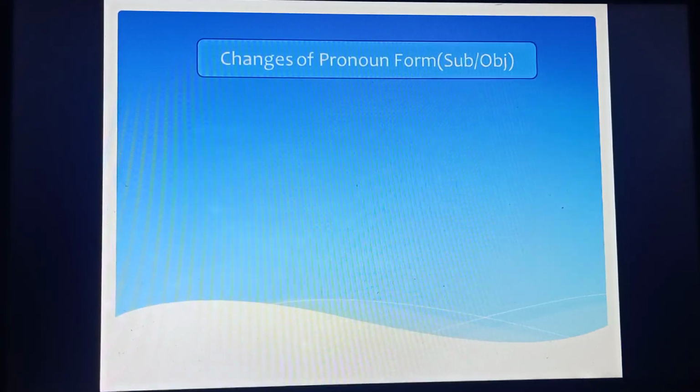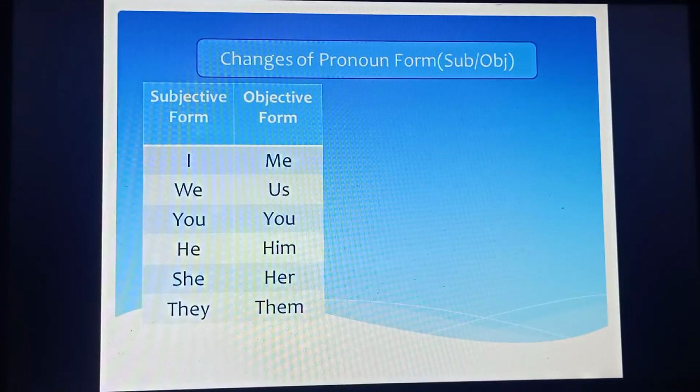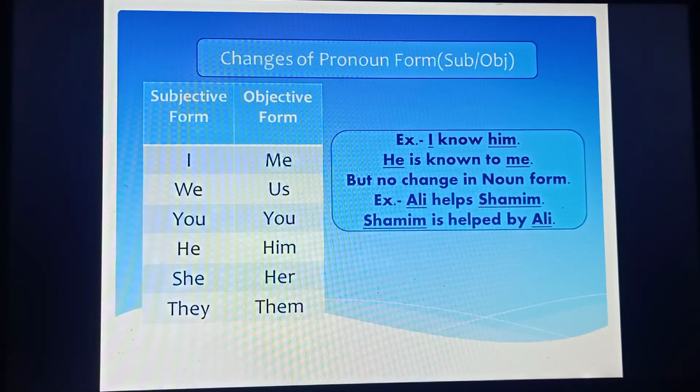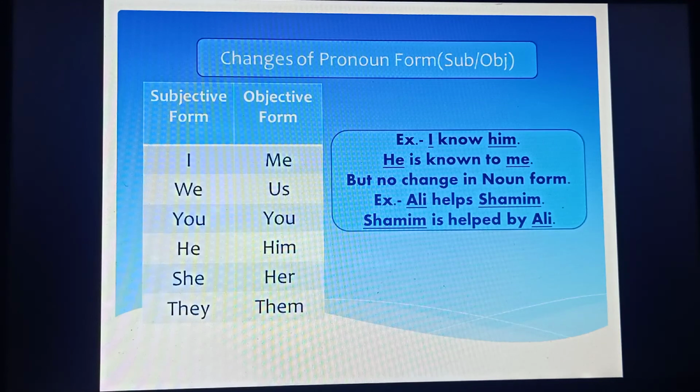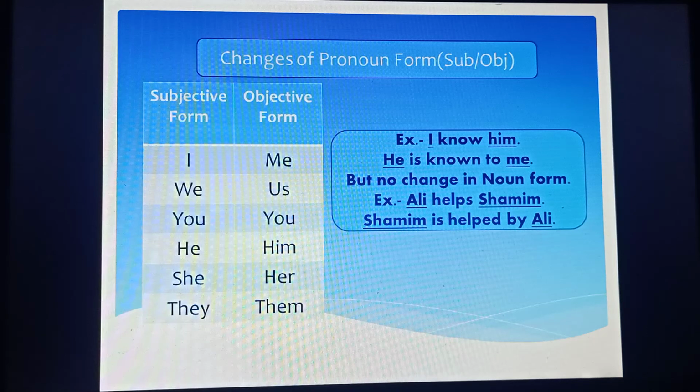When you change subject and object, we need some idea about pronoun forms, because noun forms don't have any change. I have given you an example: Ali helps Shamim. Ali and Shamim are noun forms, so these don't have any change. Ali, the subject, will be the object as Ali. Shamim, the object, will be used as the subject at the very beginning without any change.